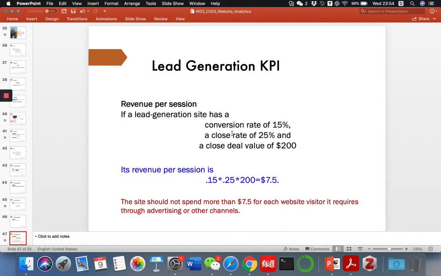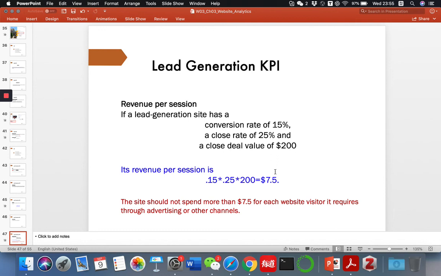So here's a simple example. Let's suppose this lead generation site has a conversion rate of 15%, a close rate of 25%, and a closed deal value of $200. We can calculate its revenue per session: you multiply them, and you get $7.5.